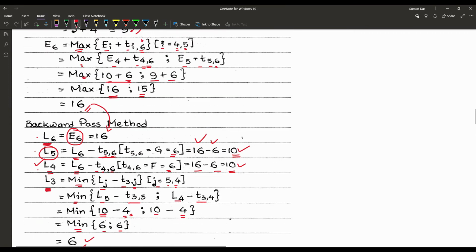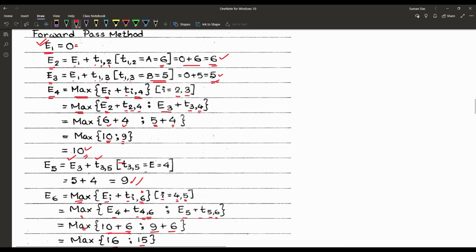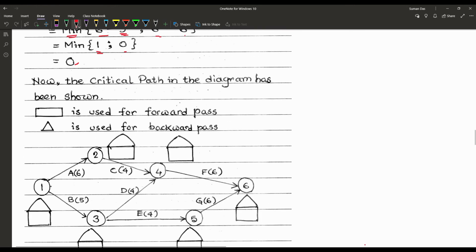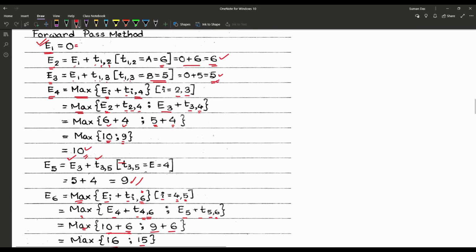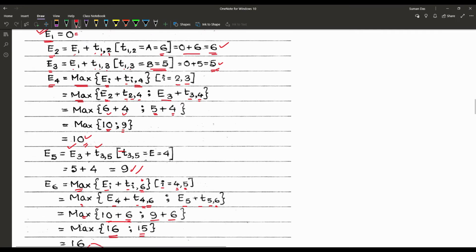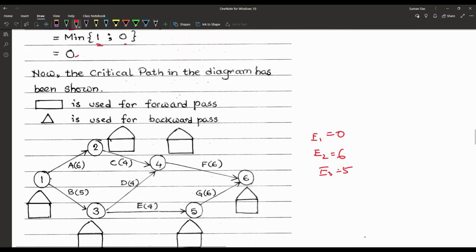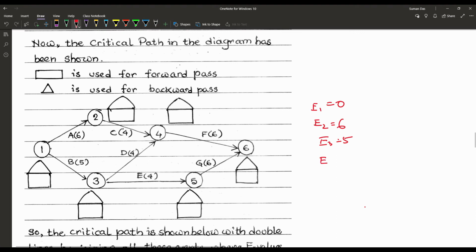We are writing down these values once again. E1 is 0, E2 is 6, E3 is 5, E4 is 10, E5 is 9, and E6 is equal to 16.